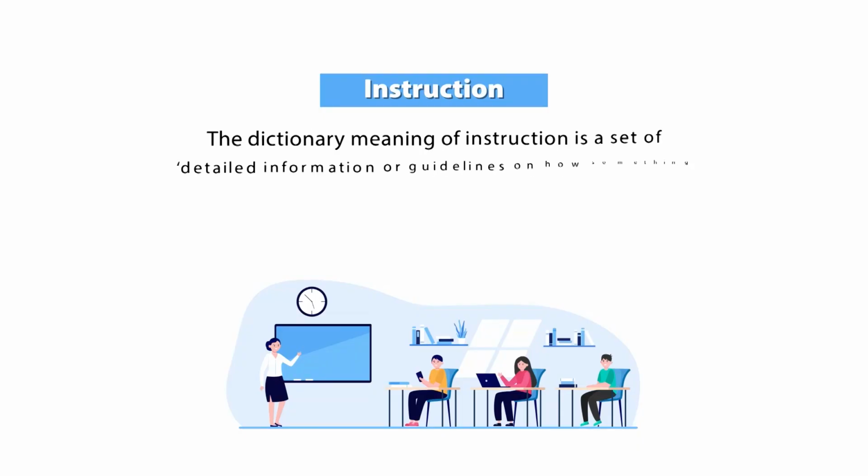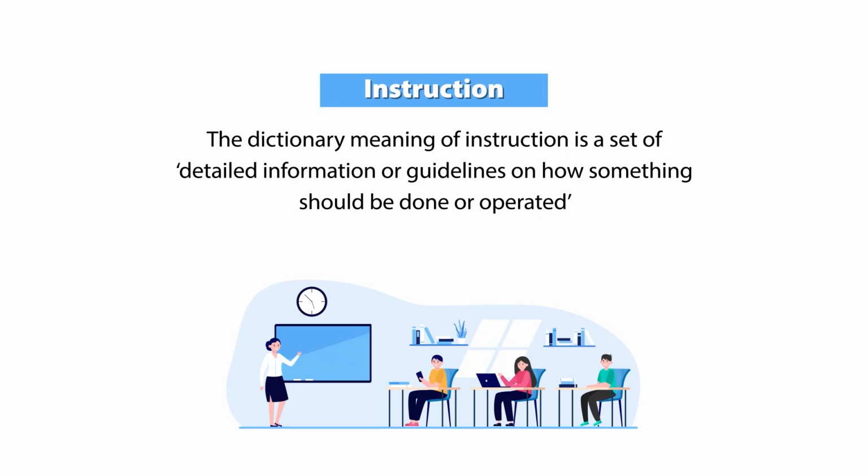So, the dictionary meaning of instruction is detailed information or guidelines on how something should be done or how something should be operated upon. Now, coming to the second word, that is design. Again, very common word.